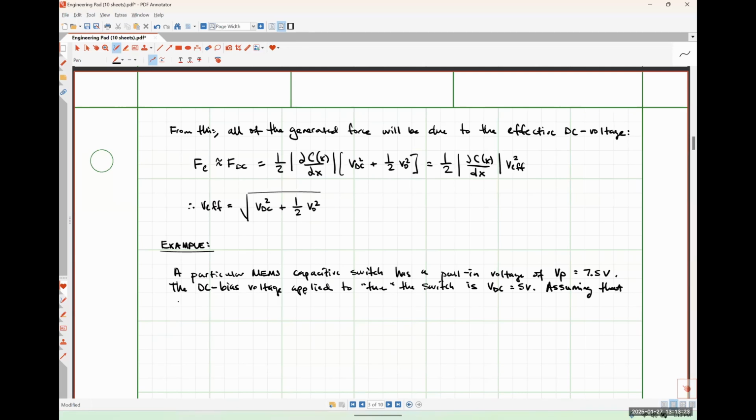Assuming that twice omega is much greater than omega naught, what is the maximum AC voltage amplitude that can be applied without causing pull-in?